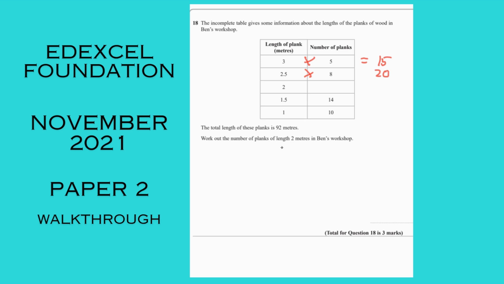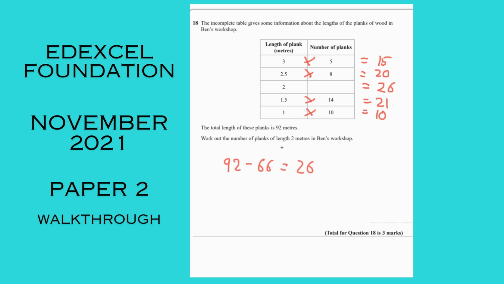Total length of 20. Multiply these, we get 21. And the bottom, we get an easy 10. So the total of the ones we know is 66. Leaves us with 26 meters that should be in there.